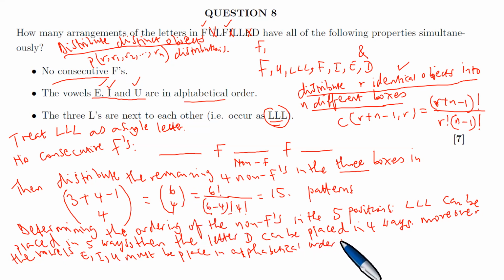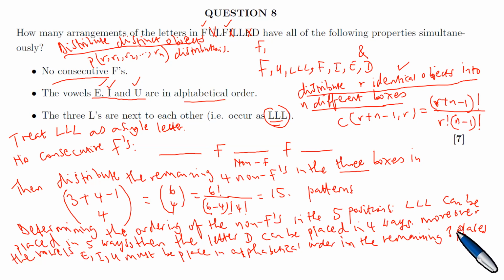They must be placed in alphabetical order in the remaining three places. Because you had four places, now we have remaining three places, you have placed the D. In how many ways?